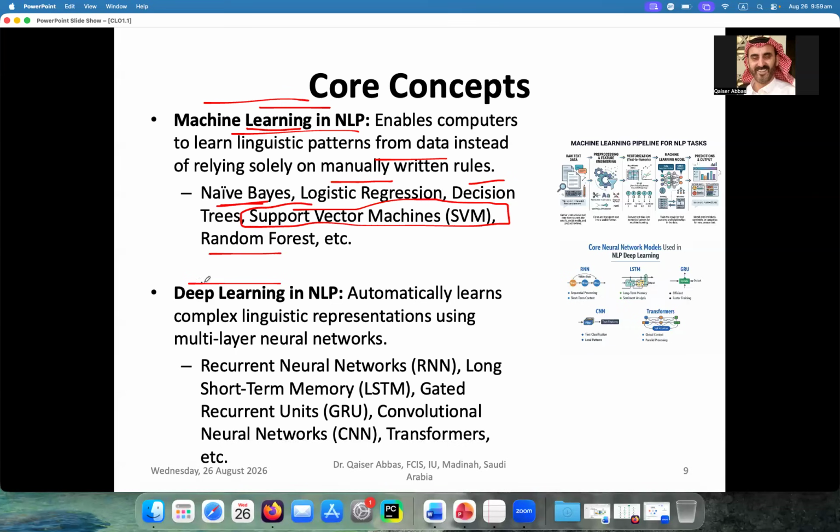And then deep learning. You will see neural networks also in machine learning, but you will see only the first basic model of neural network there, maybe with one hidden layer.